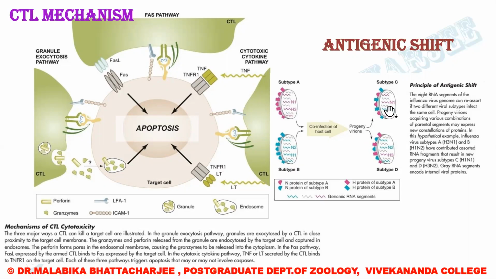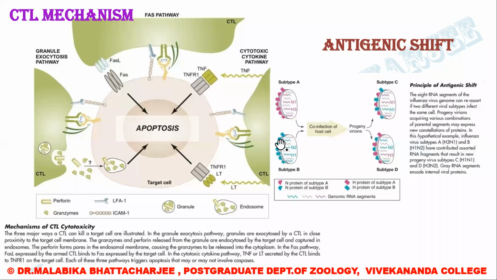Now you look into the new subtypes. Due to extensive recombination occurring between those molecules, we are having a variety of subtypes. So this is subtype C, which is a combination of both pink and blue, and subtype D, which is again a combination of pink and blue. Now look at the epitopal structures they have shown. We are getting pink blocks and half semicircle pink blocks.